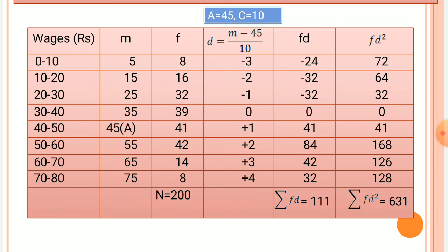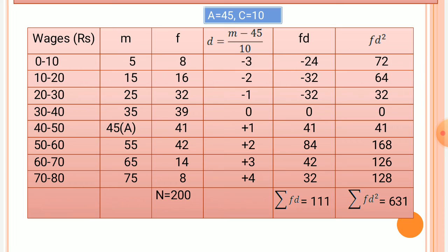5 minus 45, 5 minus 40, 5 minus 35. Here 35 is the assumed value. 5 minus 35 is minus 30 by 10, minus 3. 15 minus assumed value 35 by 10, 15 minus 35 is minus 20 by 10, minus 2. 25 minus 35 is minus 10 by 10, minus 1. 35 minus 35 by 10, 0.